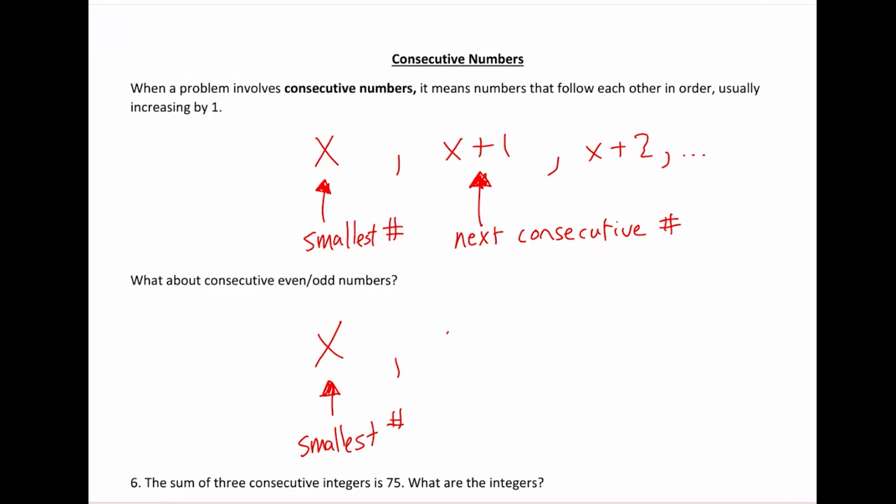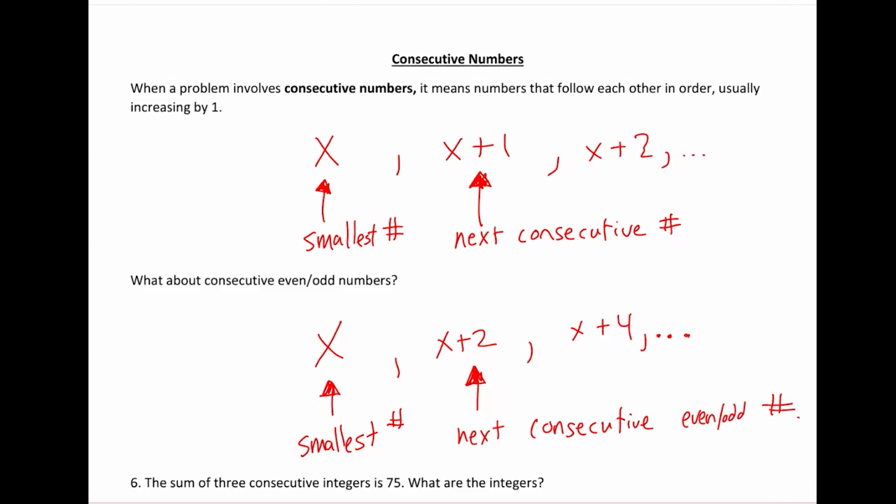So it'd be x plus 2. And the one after that would be x plus 4. And this works for even and odd numbers. So you don't have to really worry about which one it is, because it should work out for you. So this x plus 2 is the next consecutive even or odd number. It'll be essentially 2 numbers after the first one.